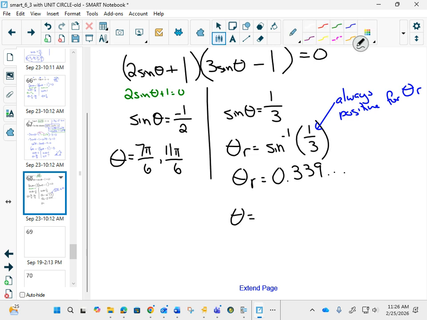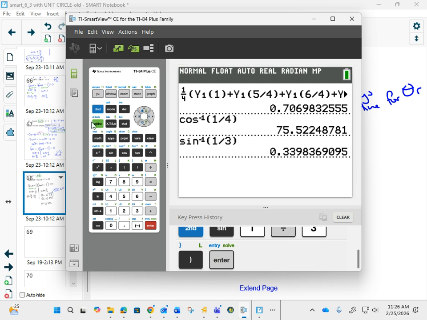What are my answers to 3 decimal places? Well, sine is positive here. We would look in quadrant 1 and quadrant 2. In quadrant 1, rounded to 3 decimal places will be 0.340. In quadrant 2, in degrees you would have done 180 minus your reference angle.